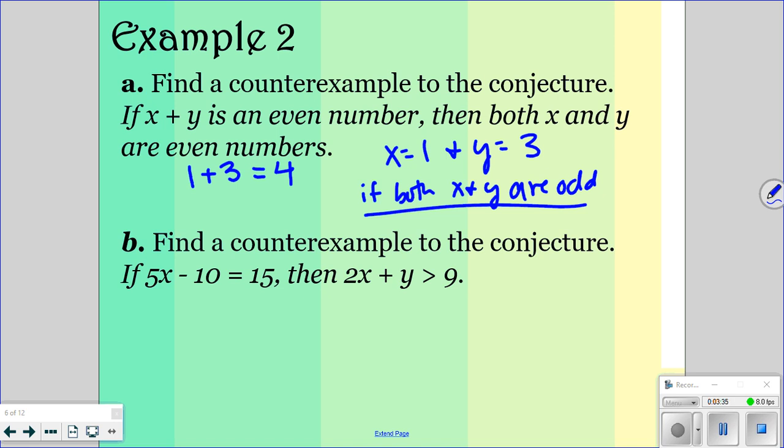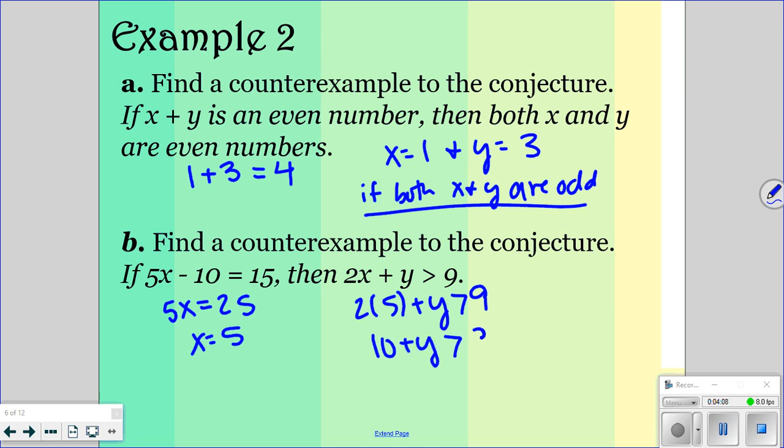Now for this one, we want to find a counterexample to this conjecture. They tell us if 5x - 10 = 15, then 2x + y has to be greater than 9. So let's start by solving for x. So x would equal 5. If we plug this in, 2 times 5 + y is greater than 9. So 10 + y is greater than 9.